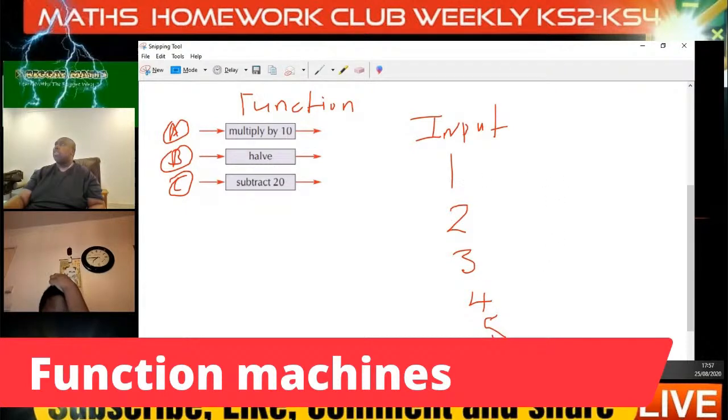The first function is times by 10, then your output. So copy this in your book, please.